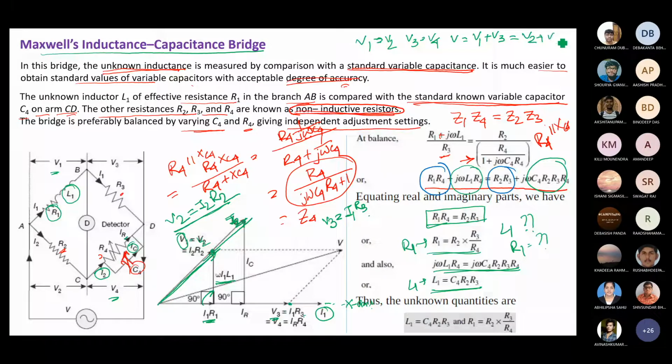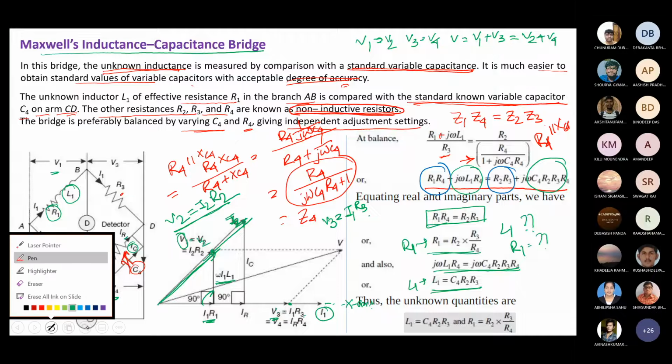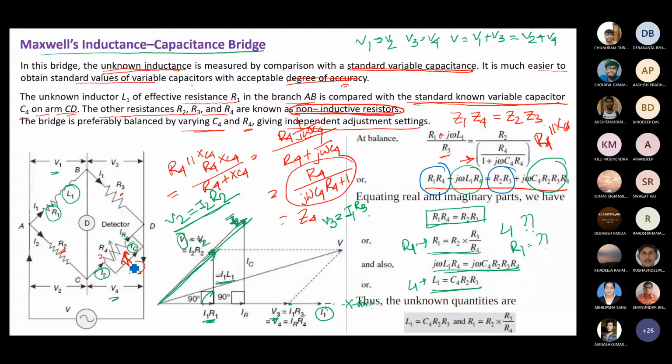That's the condition, simple condition. So now at equilibrium, V1 equal to V3 equal to V4. So this is our V4. This axis is our V4 axis, that point for V3 as well as V4. You know that V4 equals IR R4. V3 equal to V4.